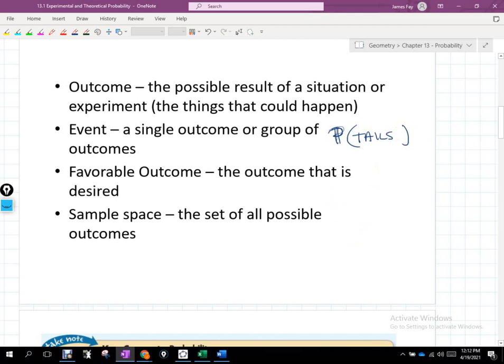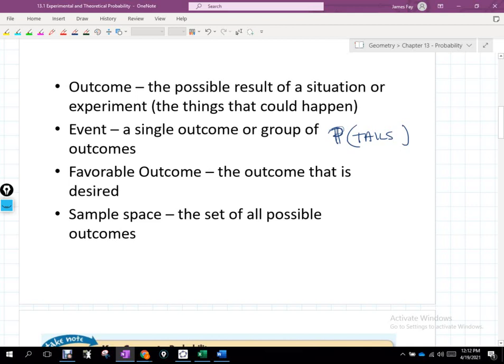Tails is an option, it's an outcome, but because I'm worried about that specific outcome, we call it an event. It's basically narrowing our focus. If we know our outcomes are heads and tails, and we want to know what's tails, well, that's the event, out of those outcomes. It's a group of outcomes.